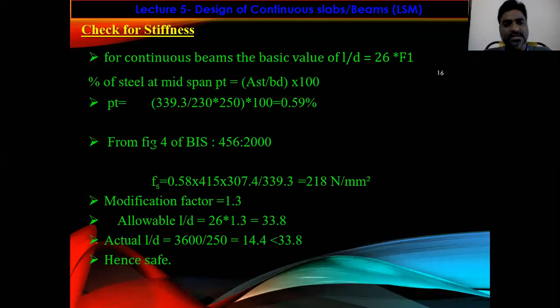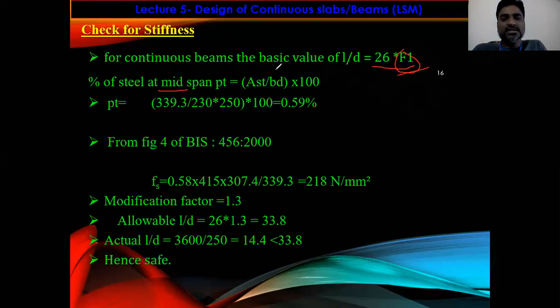Next you need to check for stiffness, that means the L effective by D ratio. For a continuous beam, the basic value for L effective by D ratio is 26 into f1, where f1 is the modification factor, which depends upon the percentage of steel provided in the tension zone, and the fs value.